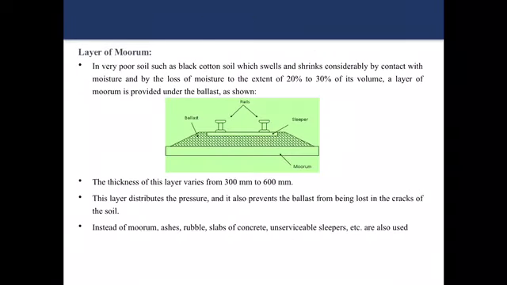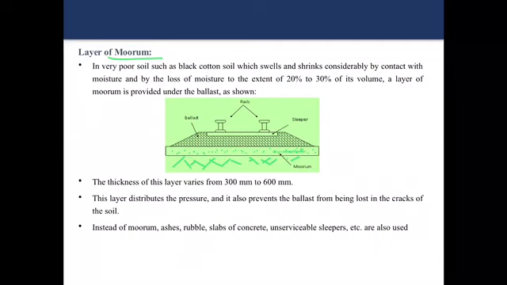Now in the first method, a layer of muram: when you feel that the soil is poor in nature and cannot be strong enough to take your track components, what we have to do is place a layer of muram soil on the natural soil. This needs to be prepared to the required level and properly compacted and consolidated so that it will gain higher strength.